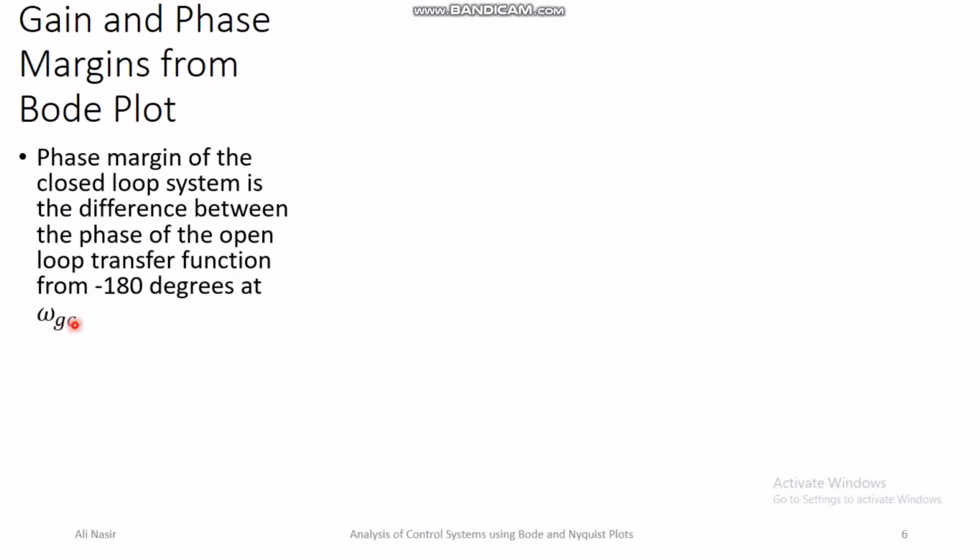Phase margin will almost always be positive. If phase margin turns out to be negative, then it means that the closed loop system is not asymptotically stable.